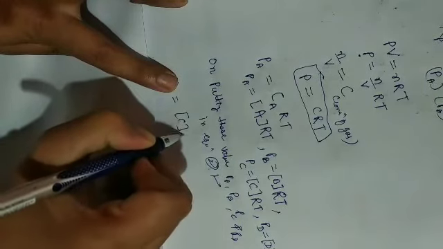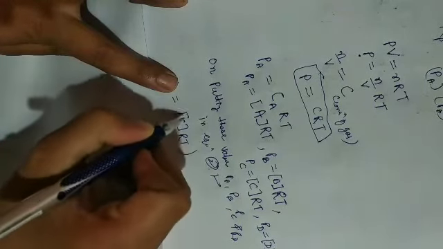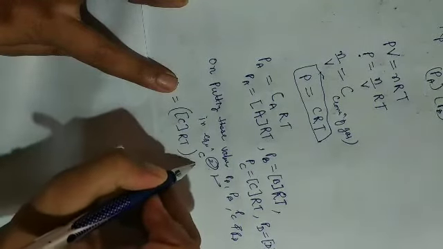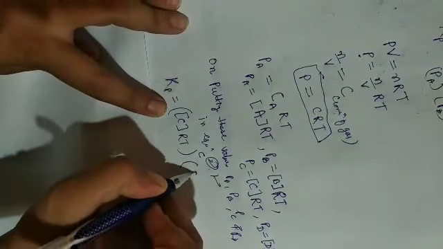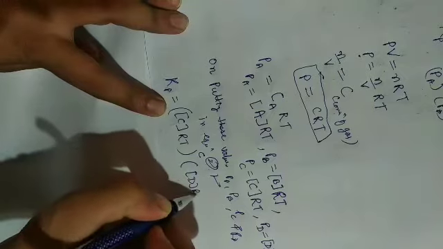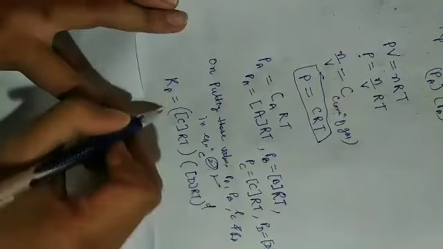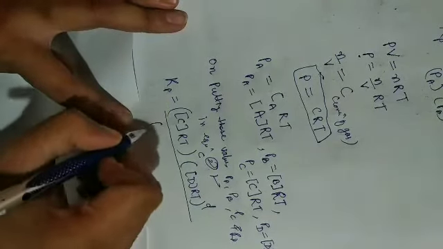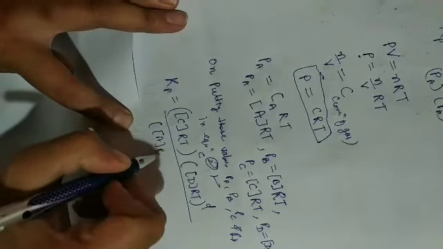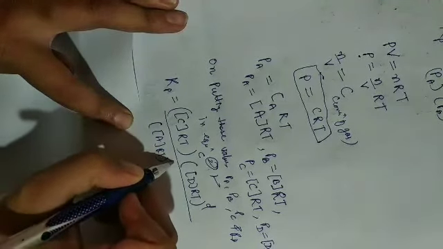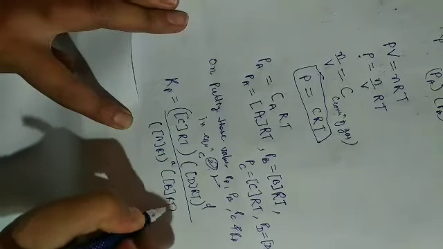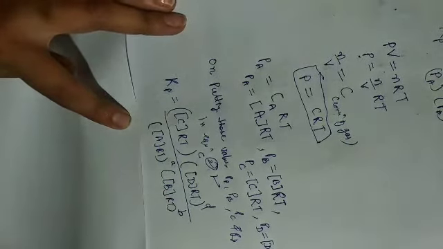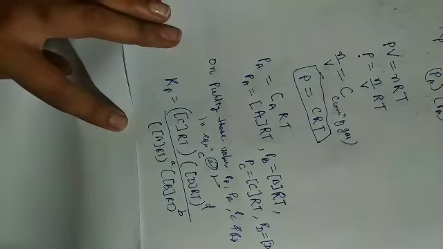It is concentration of C times RT, whole power c. Similarly, the partial pressure of D is concentration of D times RT, whole power small d, divided by the concentration of A times RT, whole power a, and the concentration of B times RT, whole power small b. This is the value of equation number 2, and this is the value of Kp.